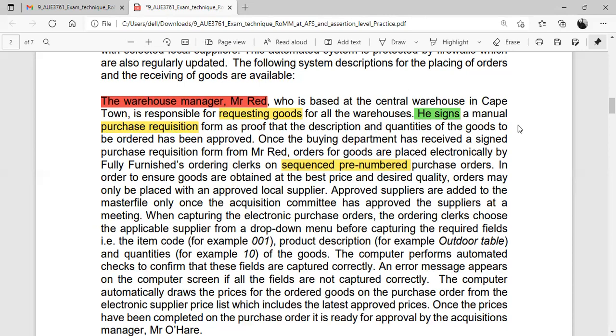Okay, and then the computer automatically draws the prices of the ordered goods on the purchase order from the electronic supplier list, which includes the latest approved prices. And once the prices have been completed on the purchase order, it is ready for approval by the acquisitions manager.